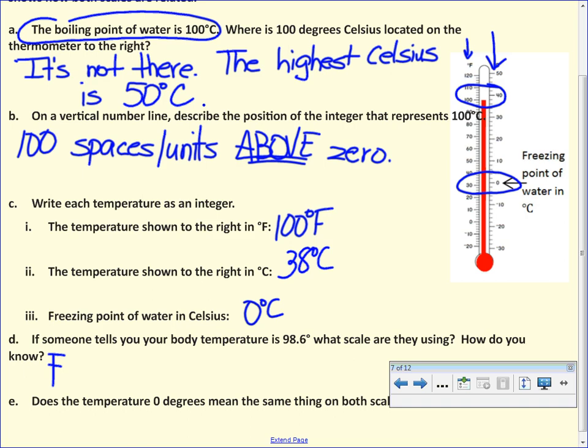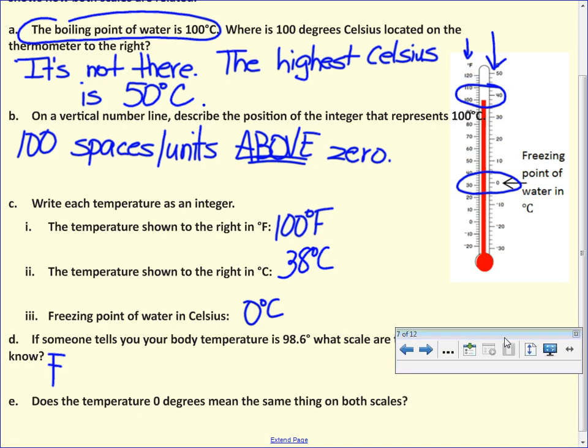Does the temperature 0 degrees mean the same thing on both scales? Well, here is 0 on Celsius, and here's 0 on Fahrenheit. Do they mean the same thing on both scales?